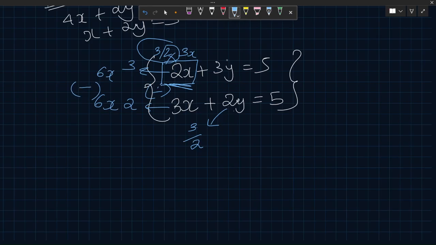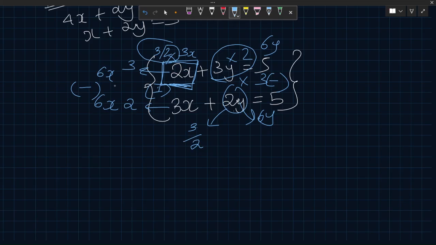Or you can multiply this equation by 2 and this equation by 3, so that you get 6y here and 6y here, and you can subtract. So essentially the idea is to multiply the equations by some numbers so that the coefficient of one of the variables becomes equal, and then you can subtract out and get the answer.